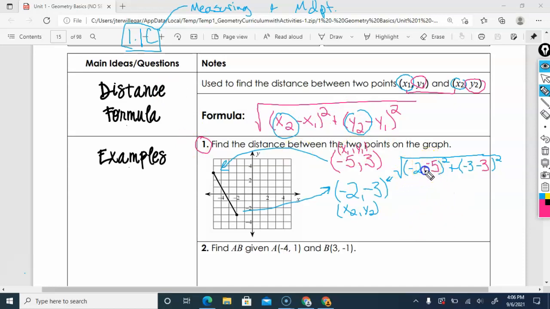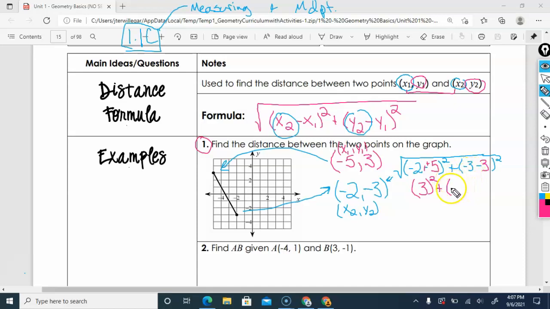Subtracting a negative makes it into a positive, right? So -2 plus 5, minus 2, the bigger number's positive, is 3. -3 minus 3. They're both negative, so we add them. It's going to get bigger.